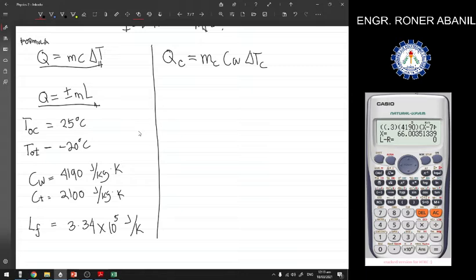This is negative. Q naman nung ice is equal to mass nung ice, constant ng ice, and change of temperature ng ice, which is positive naman ngayon.